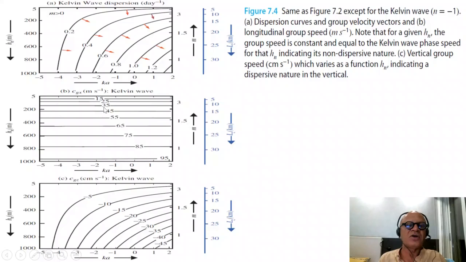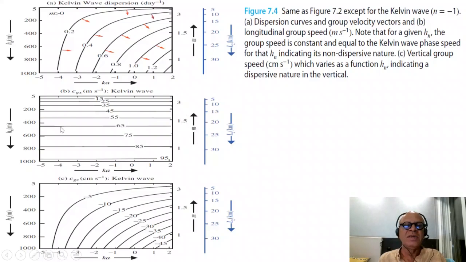So in the horizontal, in the longitudinal direction, for a given equivalent depth and or vertical wave number, the group velocity remains the same. So dramatically different from mixed Rossby gravity waves and the equatorial Rossby waves. But the dispersion diagram looks similar. You have eastward group velocity and the vertical group velocity is downward because we have vertically upward propagating waves.